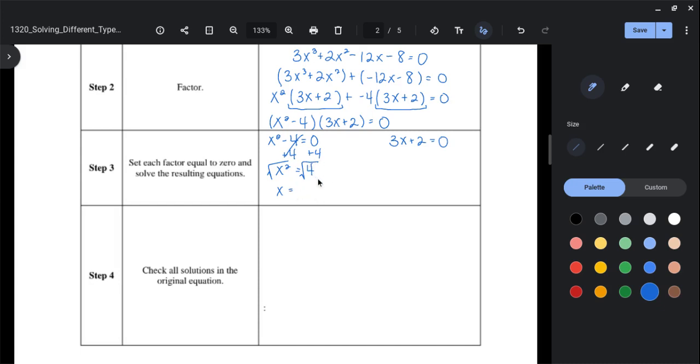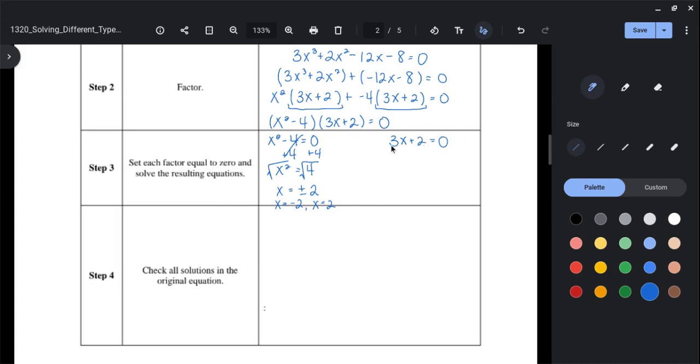Remember that when I take a square root to solve for a variable, I am going to end up getting two solutions, the positive and the negative of the square root of 4, which is 2. So that means if I want to write this out fully, we have x equals negative 2 and x equals positive 2.